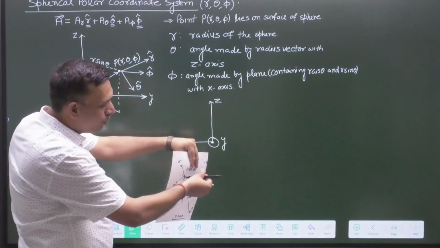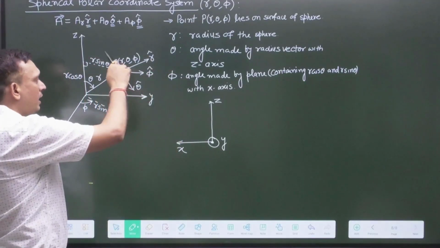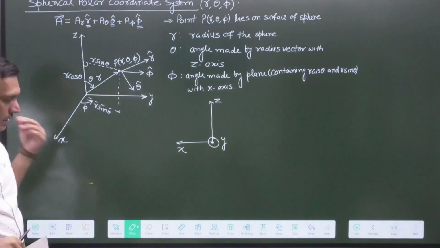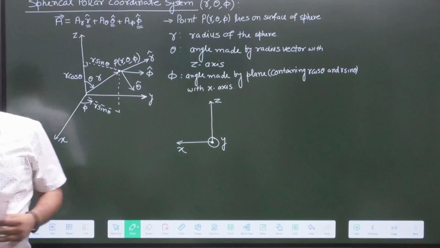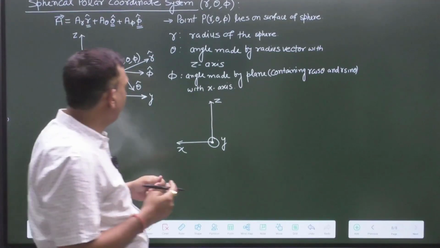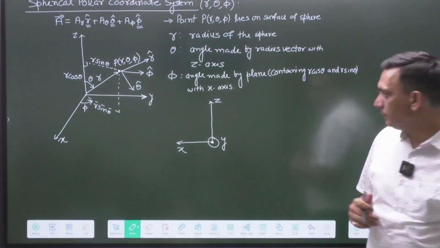And if the plane moves in phi cap, phi is increasing. So that is positive r cap, positive theta cap, and positive phi cap. Is it clear? So that is the symmetry of r theta phi.